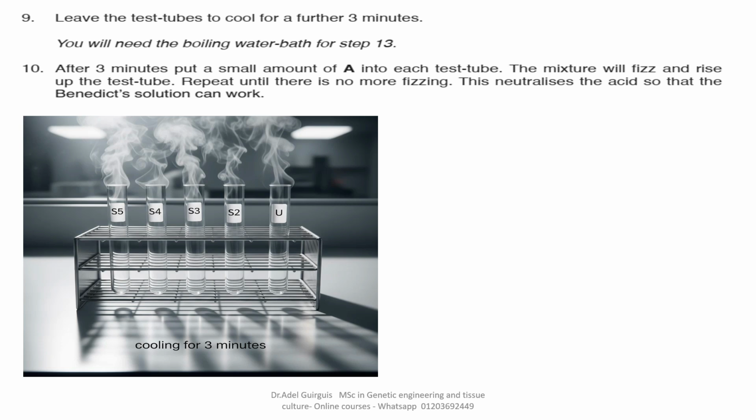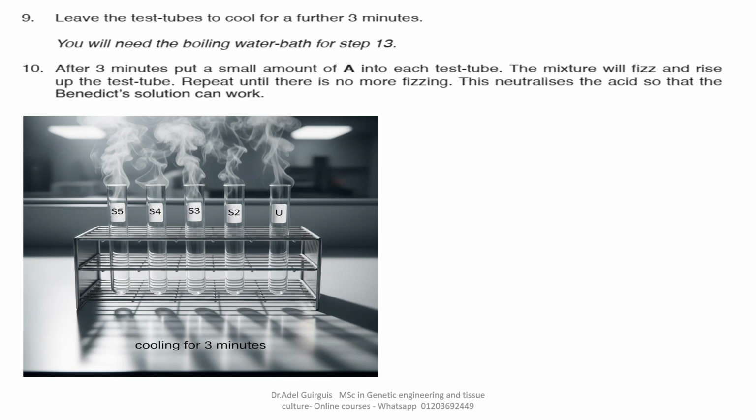After 3 minutes of waiting for cooling, we need to make an essential process called neutralization. Why neutralization? Because the contents of S5, S4, S3, S2, and U are acidic due to dilute HCl.